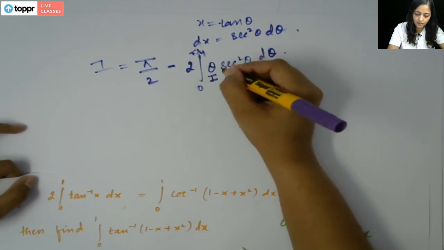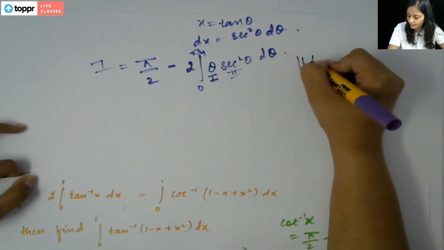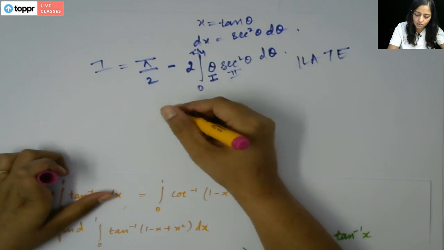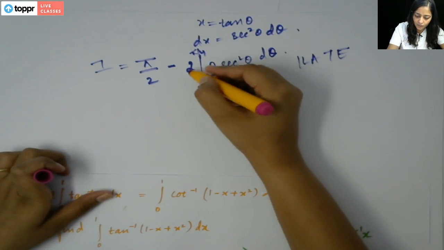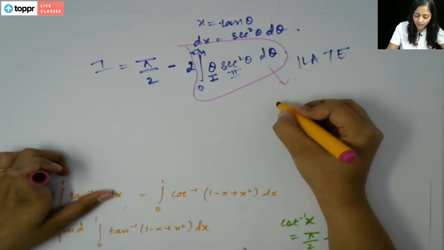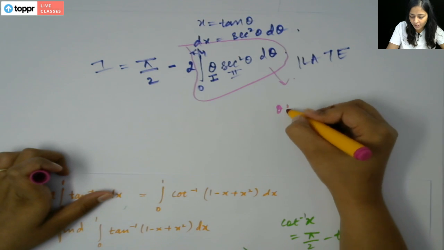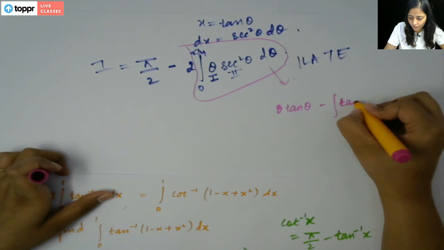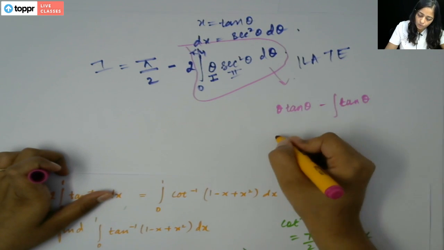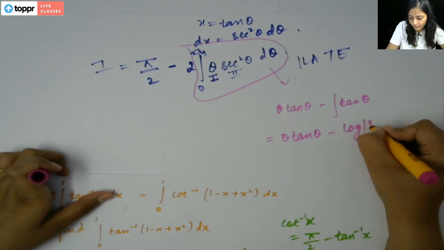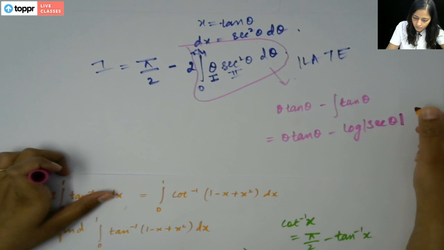So we can use integration by parts here. Let's first evaluate only this integral. Integration of sec square theta is tan theta, minus the differentiation of theta times the integration of tan theta, which is equal to theta into tan theta minus log mod sec theta, from 0 to pi by 4.